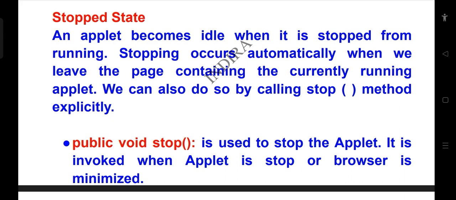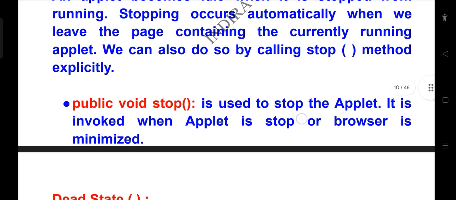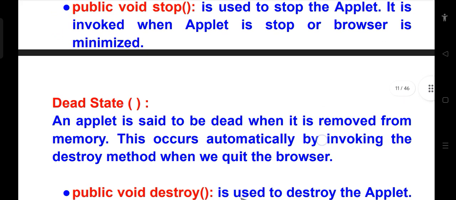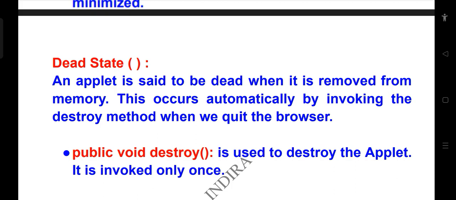We can also do so by calling the stop method. Public void stop is invoked when the applet is stopped or the browser is minimized. The dead state is when the applet program is removed by the user; it occurs automatically.